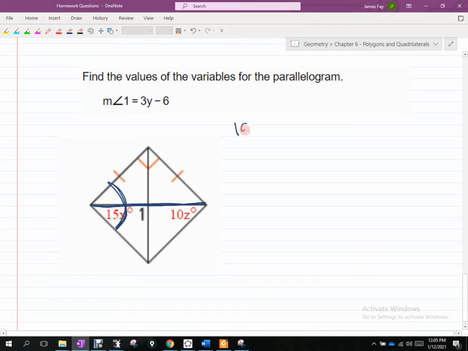So 15x should be 45. Does that make sense? And then likewise 10z should also be 45. Here x is 3. Here z would be 4.5.